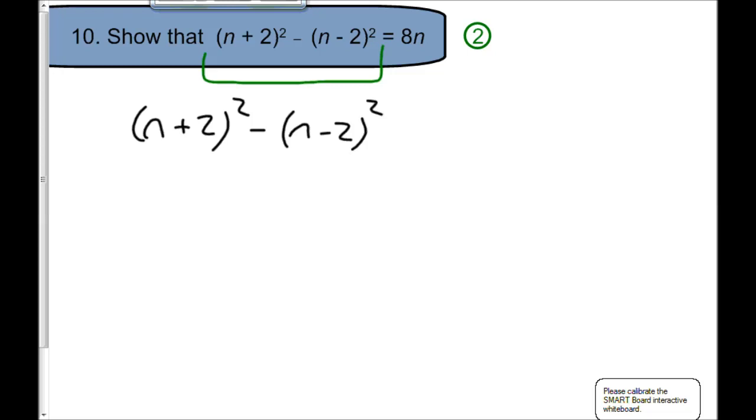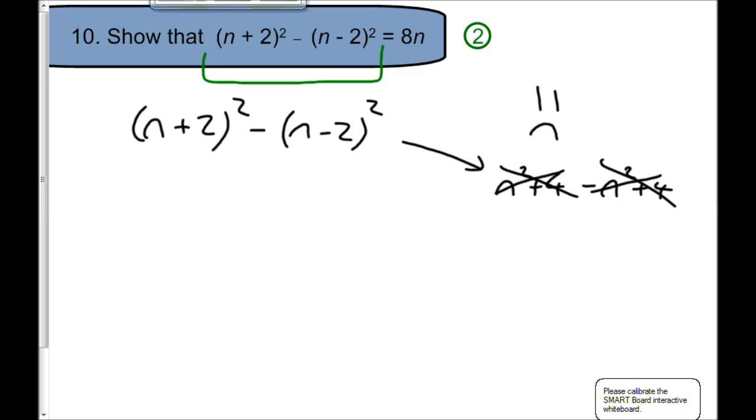Now again, something that made me terribly upset when I was marking this, okay, another sad face, was people taking the first one and saying, right, that must be n squared plus 4, take away n squared plus 4, okay. You have to use FOIL for these. You can't just square the two numbers inside.